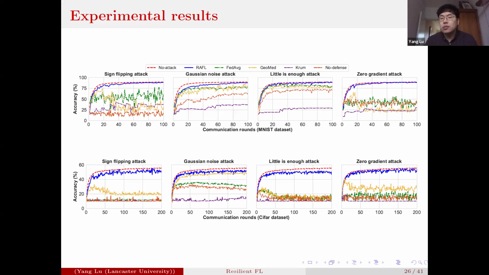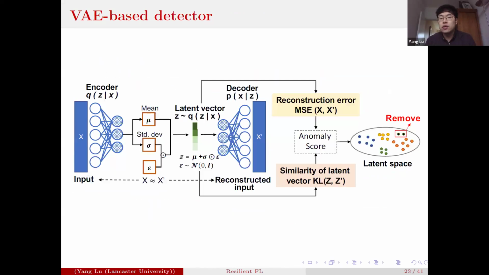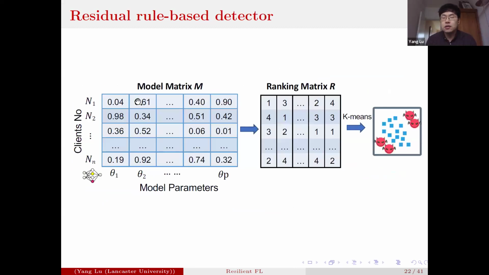And so basically we provide another flexibility. If you really have limited resources, then you can only run this rule-based detection. This is very lightweight, no deep learning there.